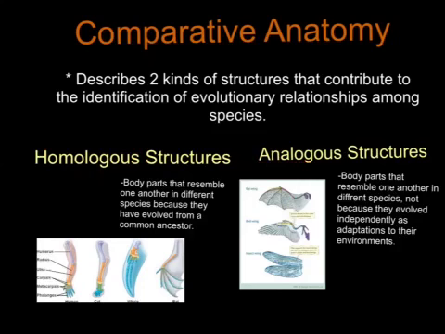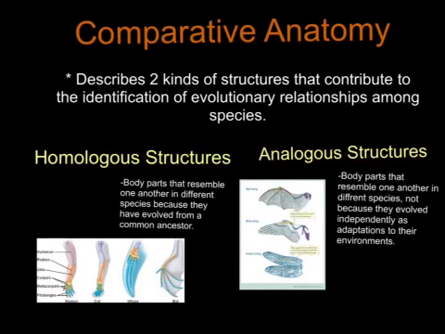So, homologous structures are body parts that resemble one another in different species because they have evolved from a common ancestor. Right here you could see they have each little part of their bones, but in different animals.